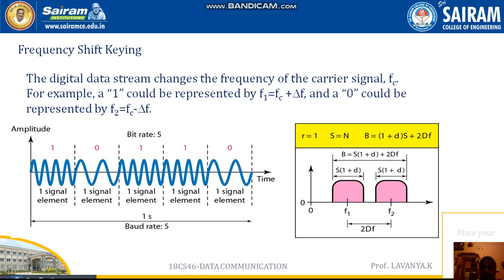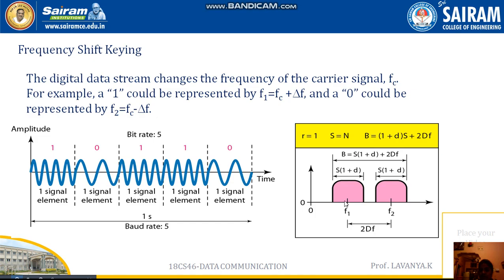Initially in amplitude shift key we took only one bandwidth, but here we take two bandwidths. We split the bandwidth into two partitions. Look at this: I have split the single bandwidth into two partitions, one we call f1 and the other we call f2.